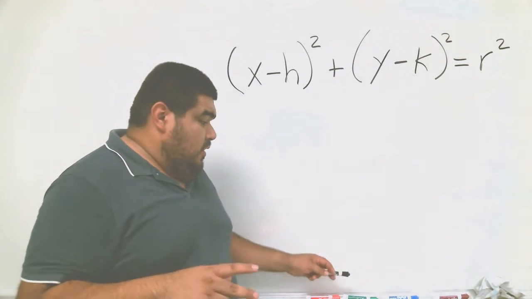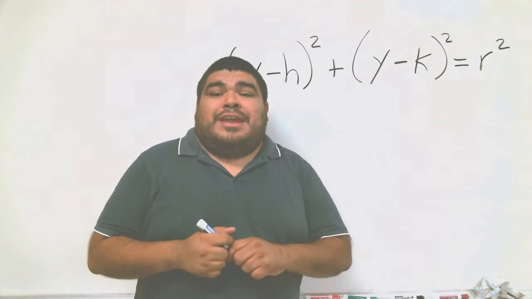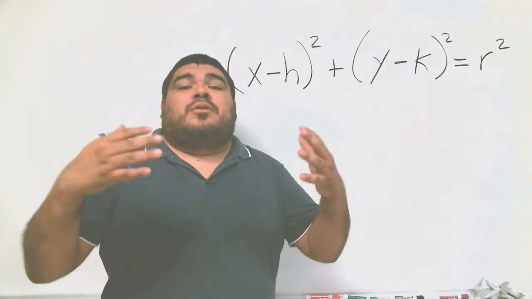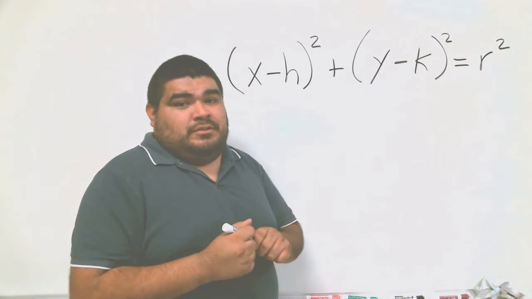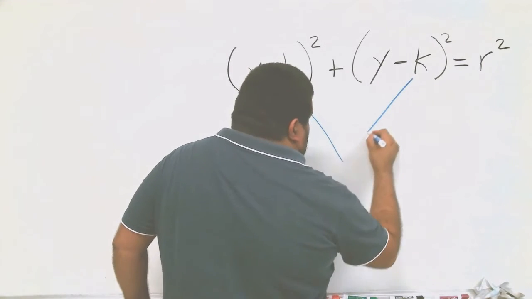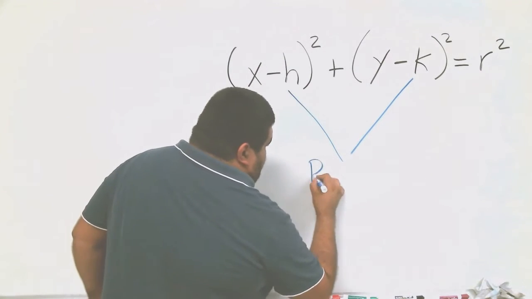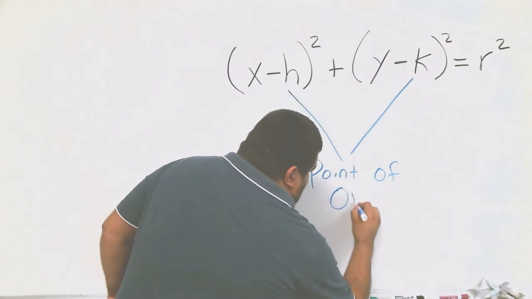Okay? So the first thing you need to know is your h and your k are your origin points, or your point of origin, in other words. So your h and your k is the point of origin.